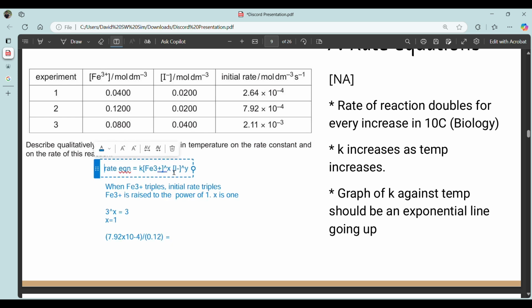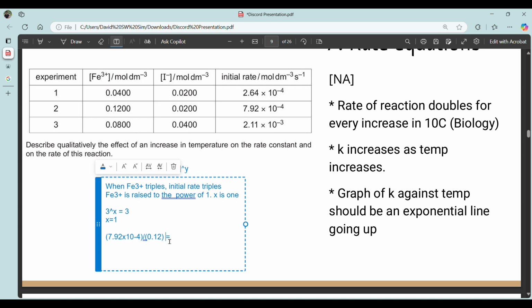We know that x is 1, so we just keep it as 0.12. From this we get 0.0066.